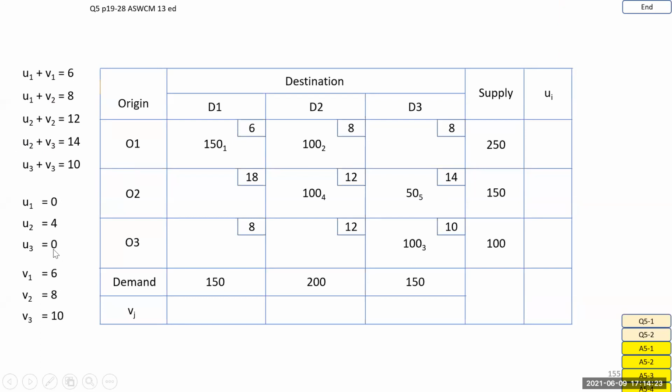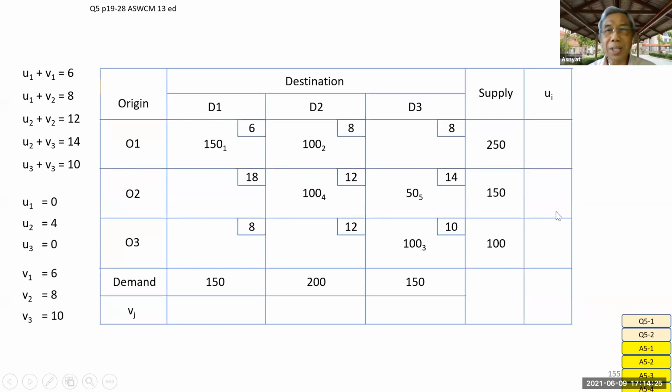So now write down in this table: U1, 0, U2, 4, U3, 0, V1, 6, V2, 8, V3, 10. And then what do we do next?